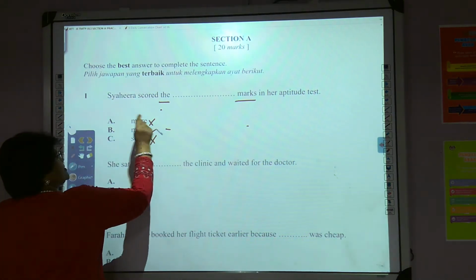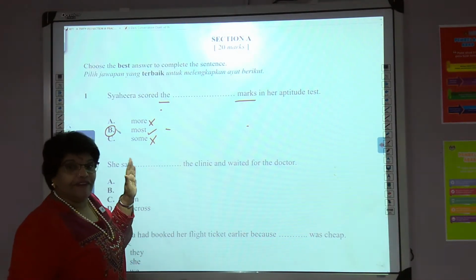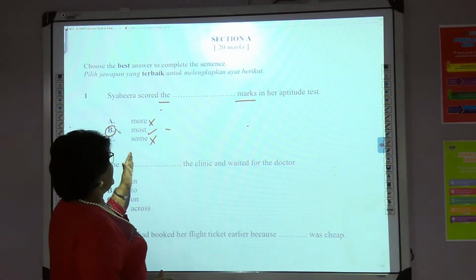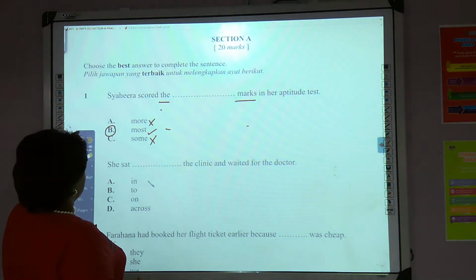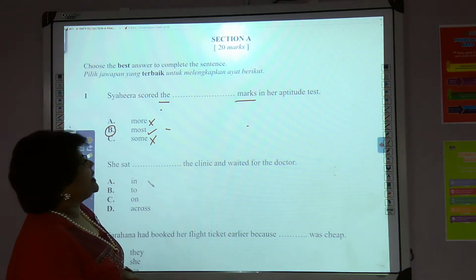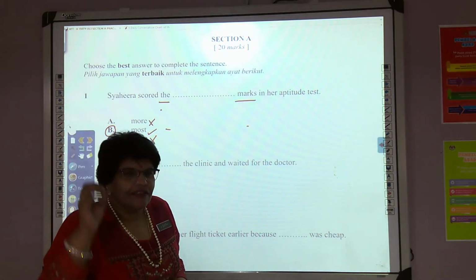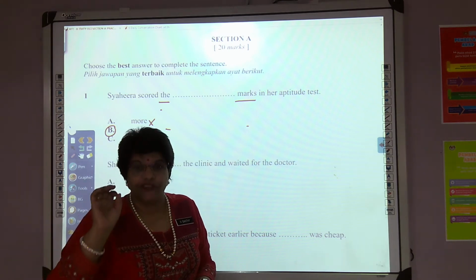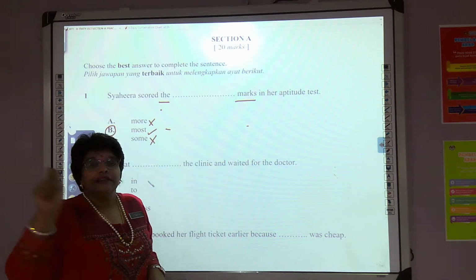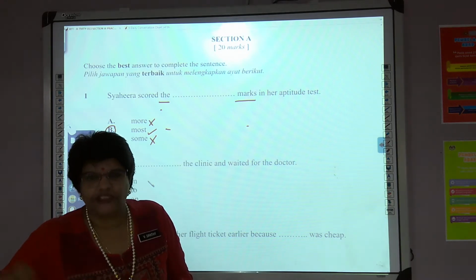Then you put a tick and you circle B. After you have done this, then only you read the whole sentence again. Shahira scored the most marks in her aptitude test. It sounds good. That means it's correct. Then you blacken your mark paper or you shade.